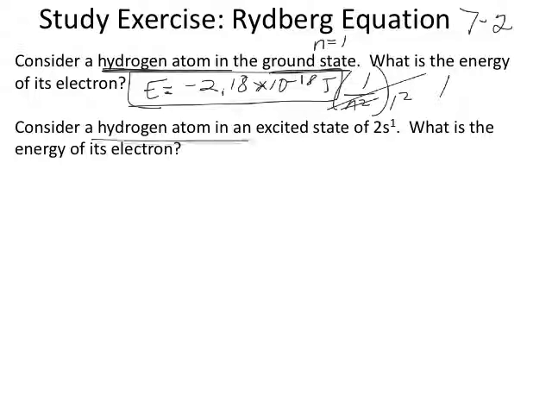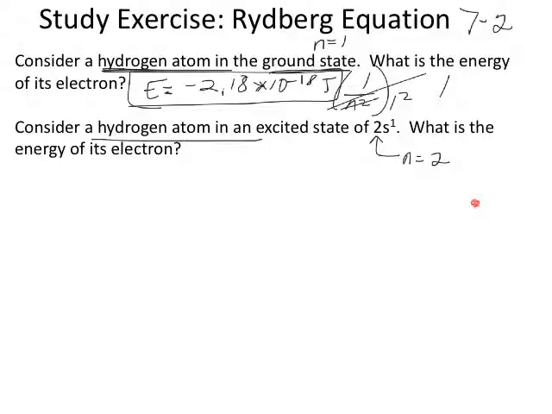Now they're saying consider a hydrogen atom in the excited state of 2s1. The 2, which talks about in the end of your chapter, this is n equals 2. It's a quantum number, and it tells you how far the electron is from the nucleus.